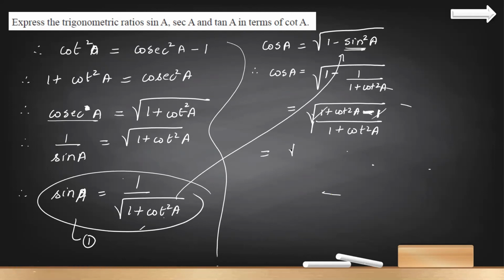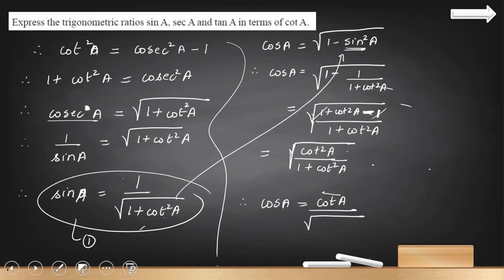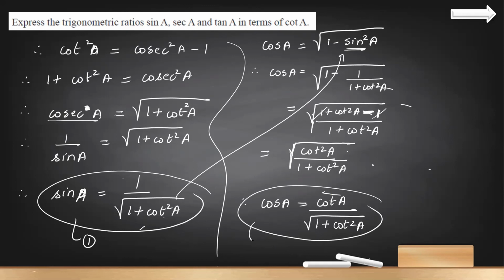This is equal to square root cot square A upon 1 plus cot square A. This numerator can be rooted and square can be cancelled. So therefore finally what do we have? We have cos A is equal to cot A upon square root of 1 plus cot square A. This is the second thing that we wanted, sine A, cos A.